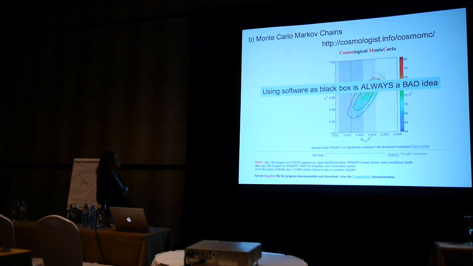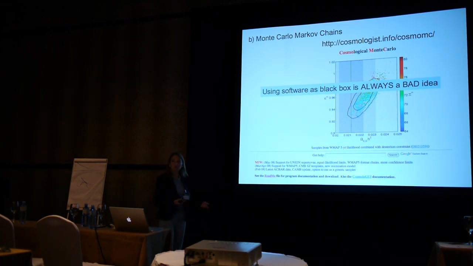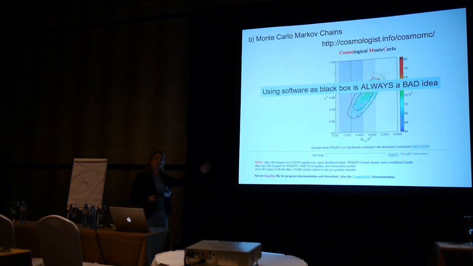However, using software as a black box is always a bad idea. So what I'm going to do next is walk you through what's behind the black box. You're still encouraged to open the black box in case you have to use it. But at least you sort of know where to put your hand and what the black box is doing and what the philosophy behind it is. Okay?